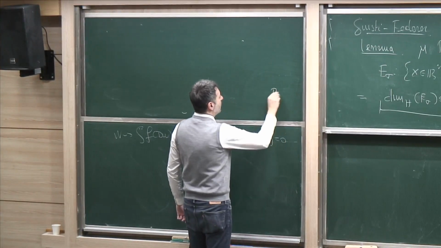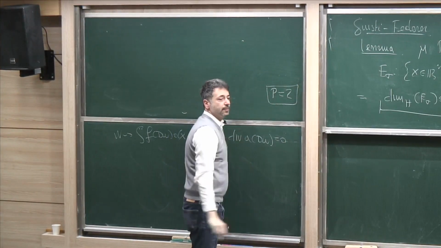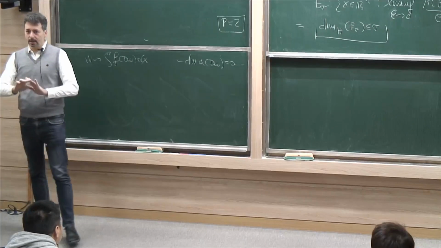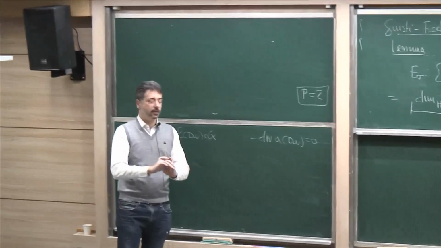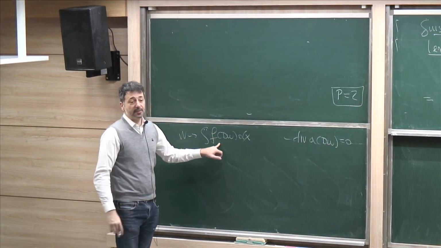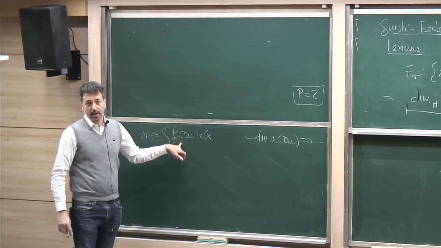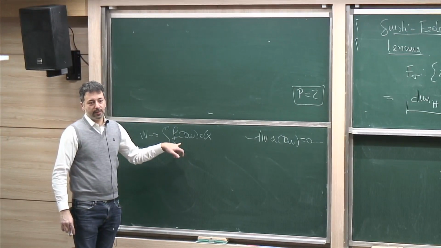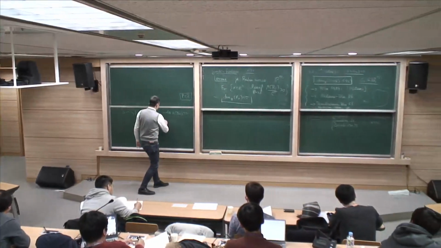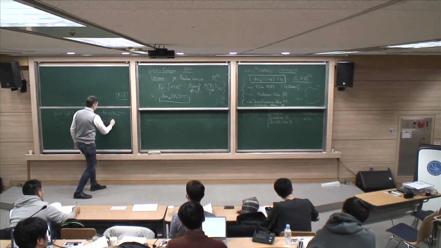From now on, I will always take p equal to 2 for simplicity. The same thing can be carried over for the case p different than 2. Now what is the difference between this functional and the previous one? Now you have the Euler-Lagrange equation of the functional, and it looks exactly like this system, where A is the gradient of f.